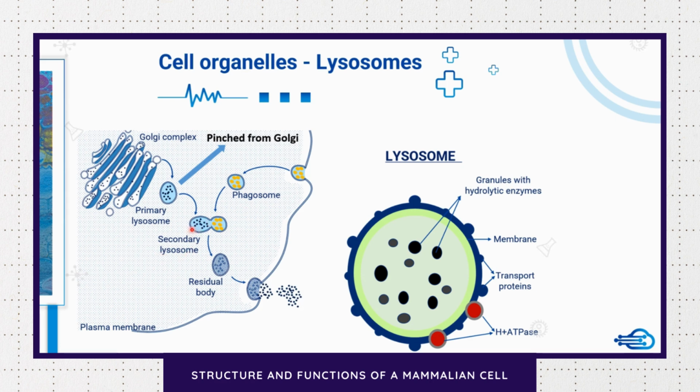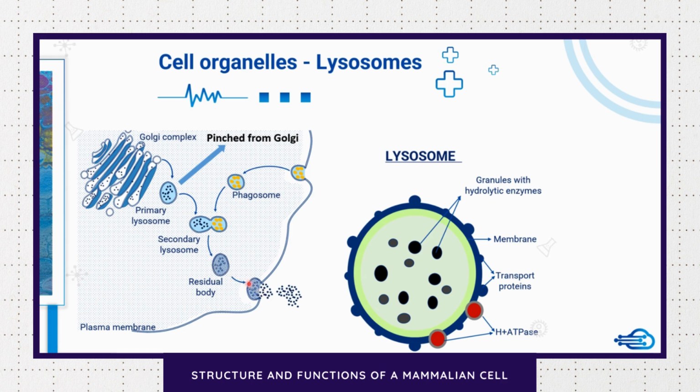So, the digestion of this material is done by the secondary lysosome. Now, after digestion, some indigestible material remains, and that forms the residual body, and finally that indigestible material is excreted out of the cell by means of exocytosis.